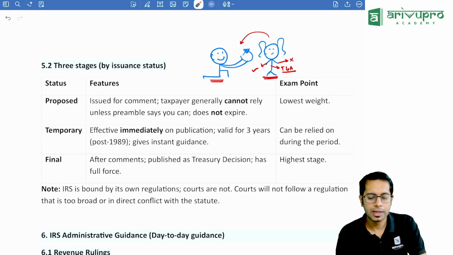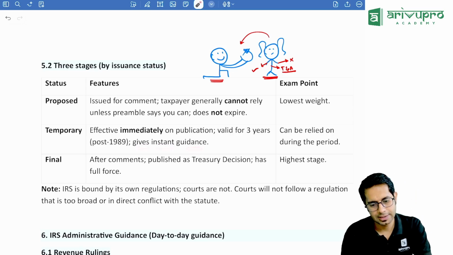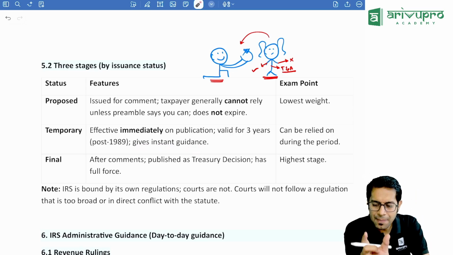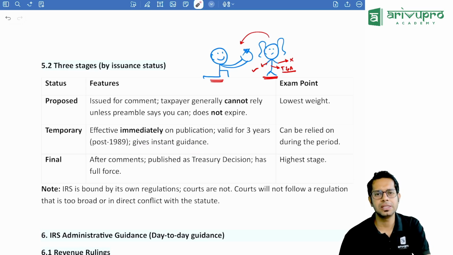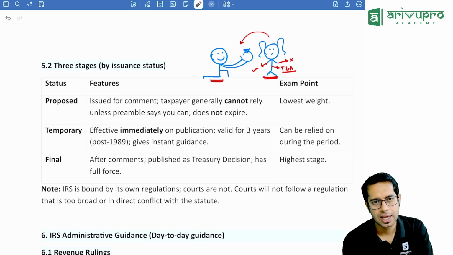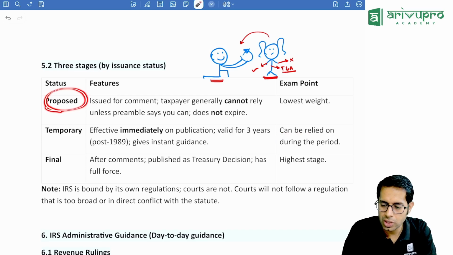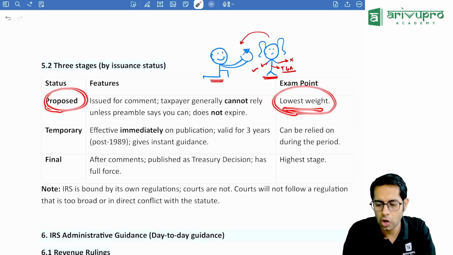Then we have temporary issuance status, effective immediately on publication, valid for 3 years, and gives instant guidance. Temporary means for a time period. For some period of time, this opinion has been made or this status has been issued. It can be relied on. So the proposed will not be relied on at all.